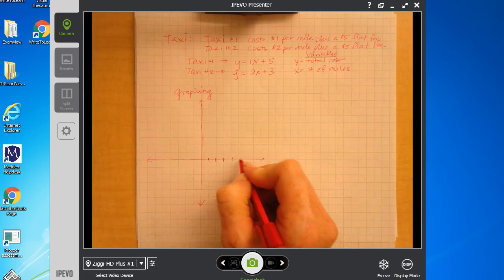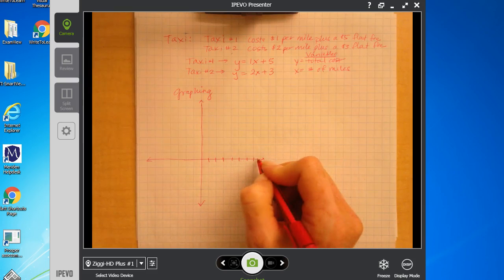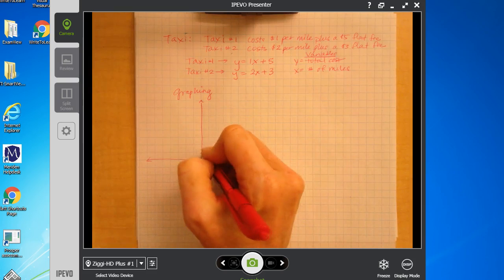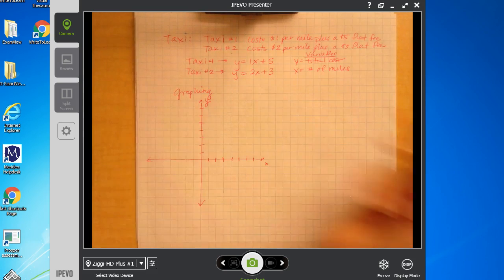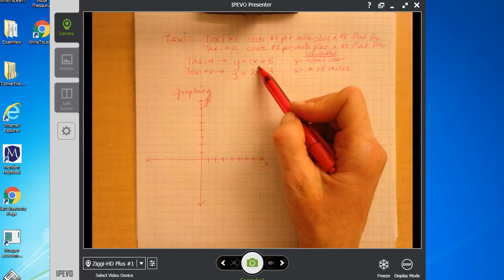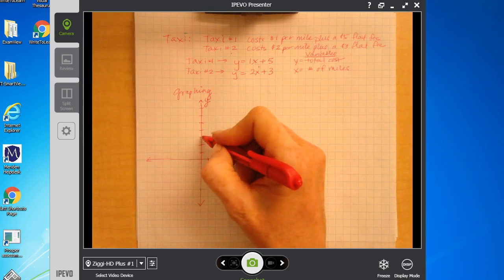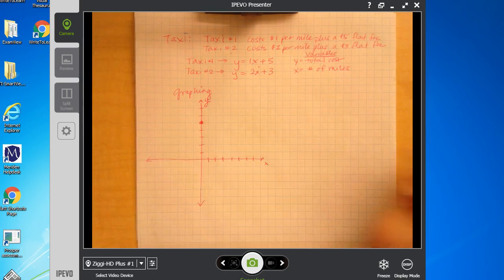Tick off some sort of scale here for my x and y axis. Okay. And let's start with y equals 1x plus 5, also known as just y equals x plus 5. All right, that's got a y-intercept of 5.